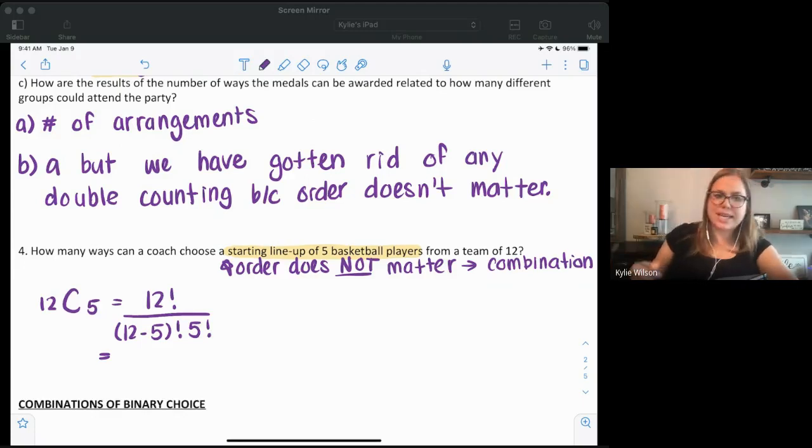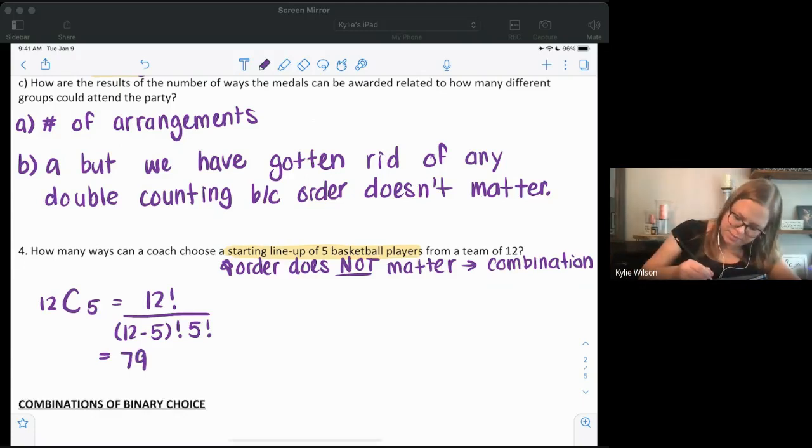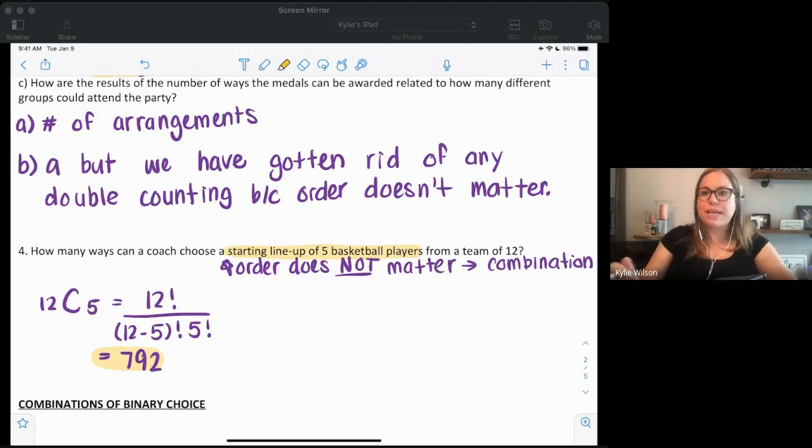And we should get 792. So make sure that you are getting the same thing when you also use your choose button with the C there. But the trickiest part of these is to know when order matters and when order doesn't. Okay, any questions so far before we move on to a couple of different examples?